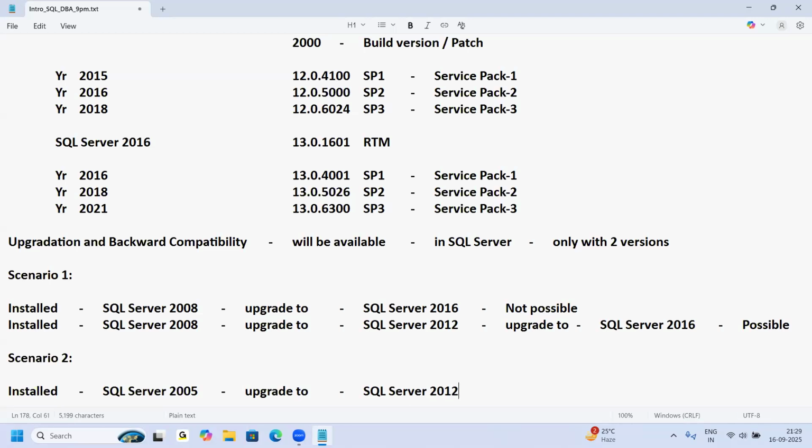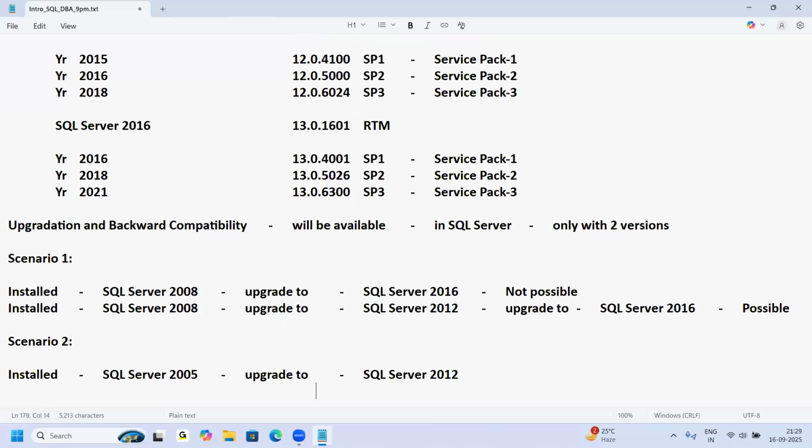But remember one thing, between 2005 and 2012, you have one more software, that is SQL Server 2008. That too has release 1 as well as 2008 release 2.